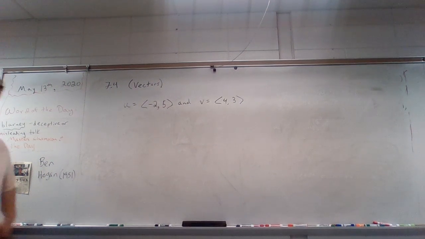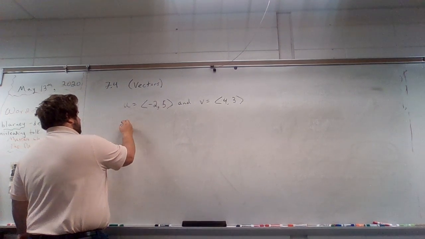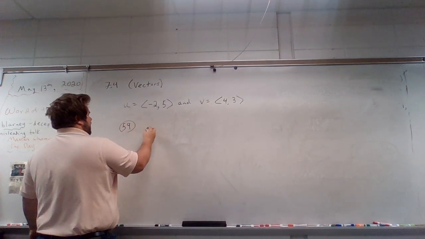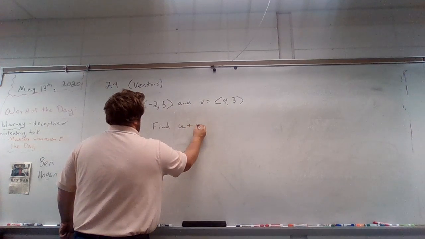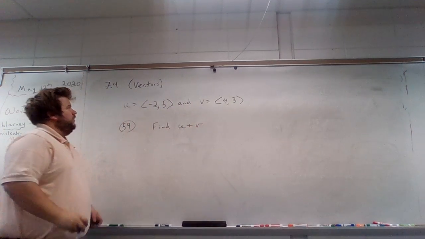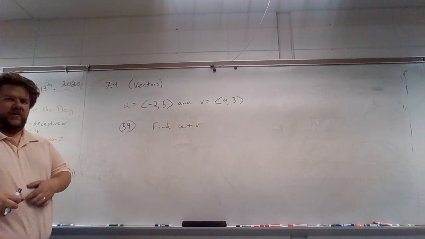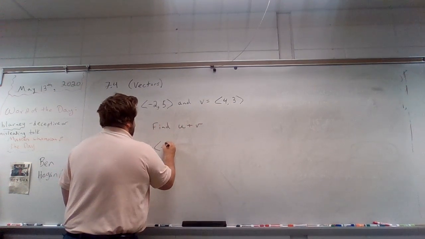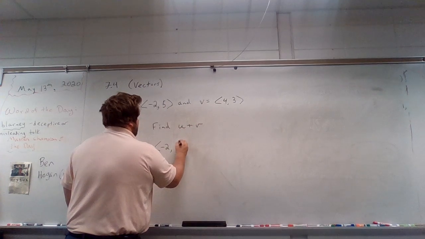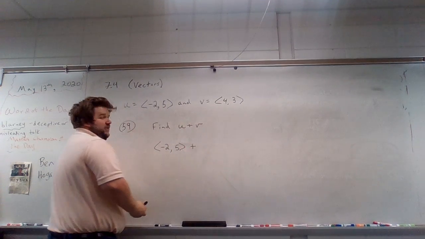So 59, this just says find u plus v. Okay, so u plus v, there's a couple different ways to write this out. One would just be to say, well, u is our vector negative 2, 5, and I'm adding that to my vector 4, 3.